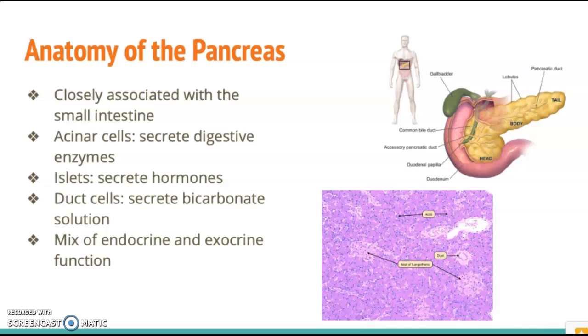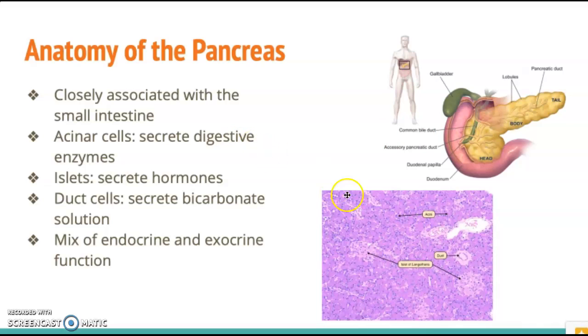Next, we'll be talking about the anatomy of the pancreas. As you can see in this diagram over here, the pancreas is very closely associated with the small intestine and also the gallbladder. You can also see here this small line is the pancreatic duct, and it enters the duodenum, a portion of the small intestine. And there are three main cells in the pancreas.